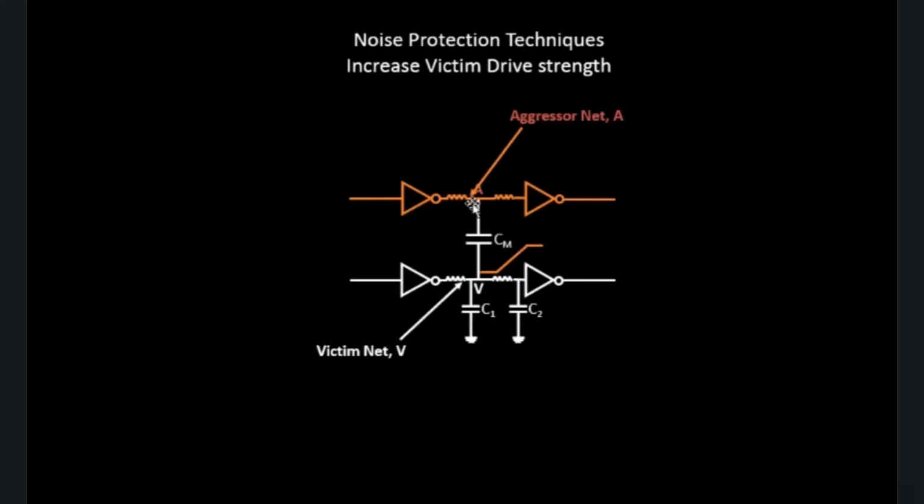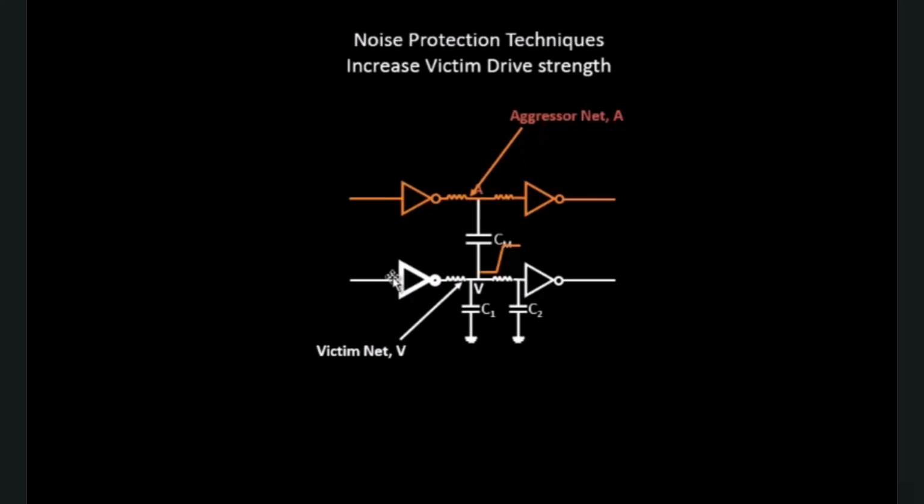In this case, the aggressor and victim will be switching in opposite directions. Okay, that's the assumption present over here. Because of the aggressor and the victim switching in opposite directions, you see a direct impact on the slew, which is very bad. You increase the drive strength of the victim, and you see how the slew gets improved. So there is an improvement in the slew as you increase the drive strength of the victim.